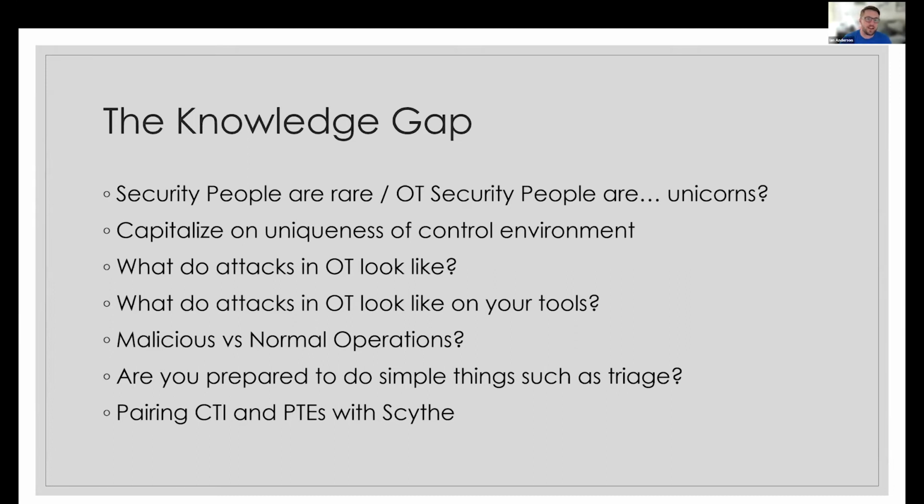When you take the next step and pair cyber threat intelligence with purple team exercises, which is something Scythe is really active in, you can build out campaigns that help you evaluate tools and understand what an actual, realistic OT attack looks like.